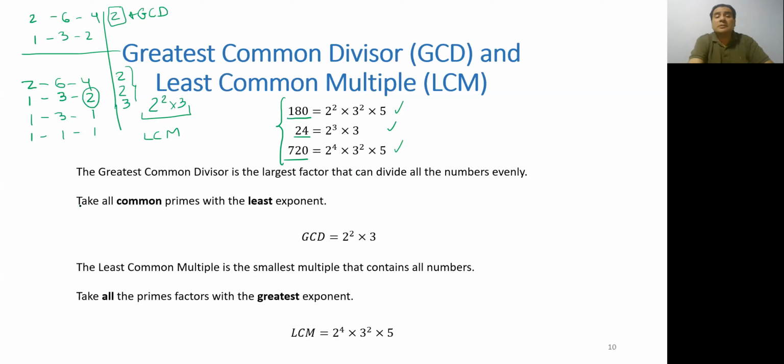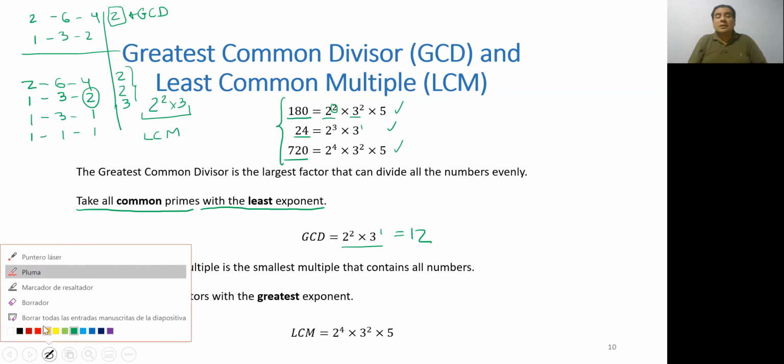Well, the rule is very simple. Take all primes common to all the numbers with the least exponent for each prime. So what are the common primes here? They are 2 and 3. And 2 and 3 appear with the least exponents of 2 and 1 respectively. So I just copy those least exponents and I get the GCD, or greatest common divisor, 12.